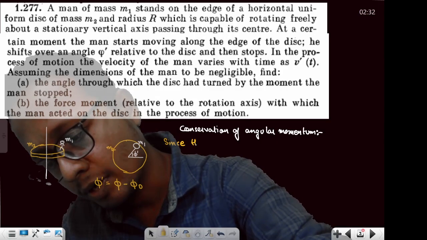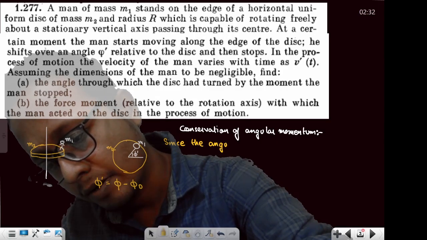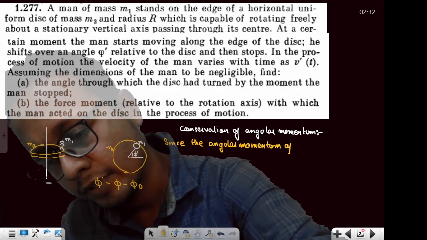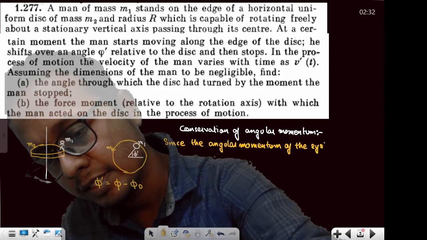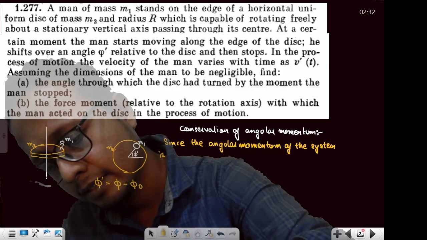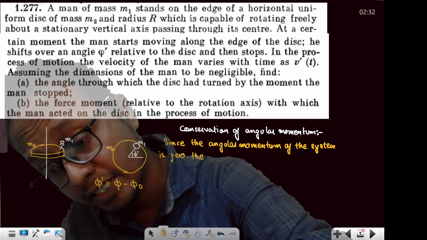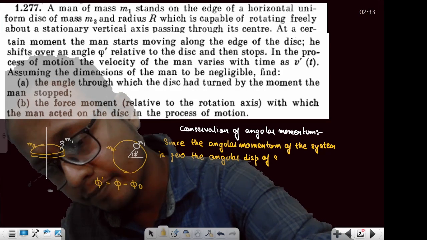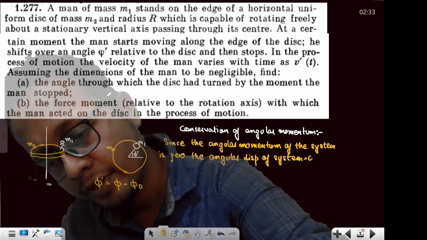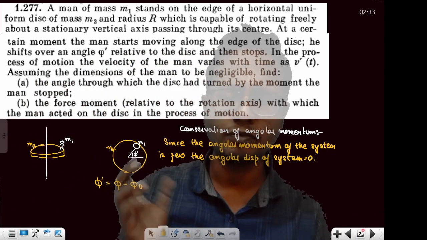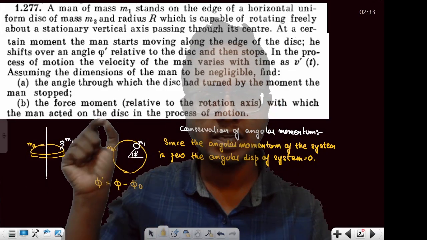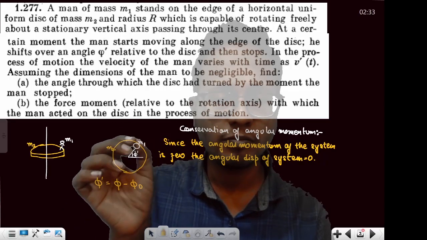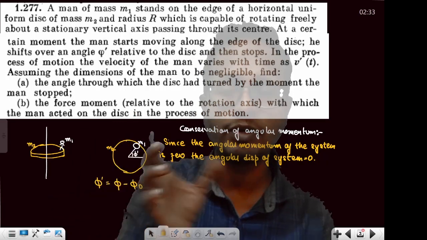Since the angular momentum of the system is 0, the angular displacement of the system is also 0. Just forget angular things for a little bit and focus on linear. If the linear momentum of the system is 0 throughout the motion, the displacement of the center of mass is 0. Same kind of logic we're applying here.